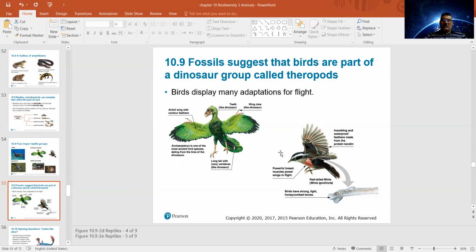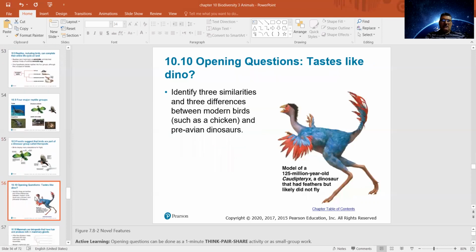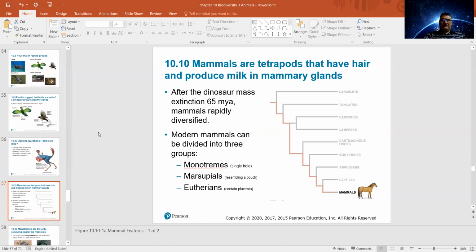And they have powerful breast muscles. The muscles in the breast are very powerful, to the extent of helping them to move and fly. They have waterproof, insulated feathers, and so on. So this is a suggestion. There are some similarities between the birds and the dinosaurs.